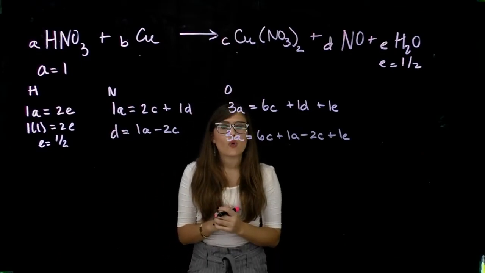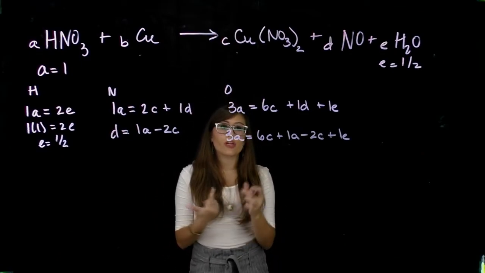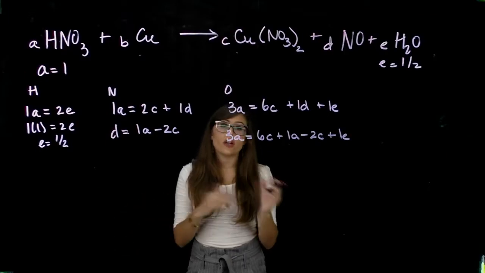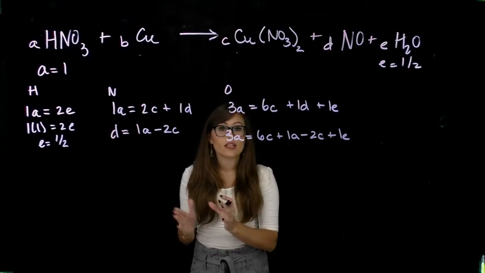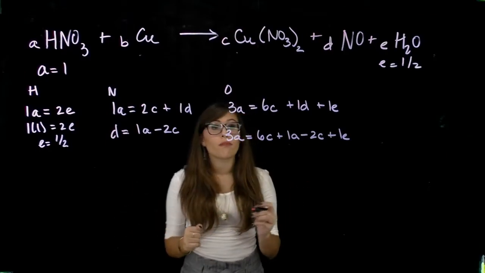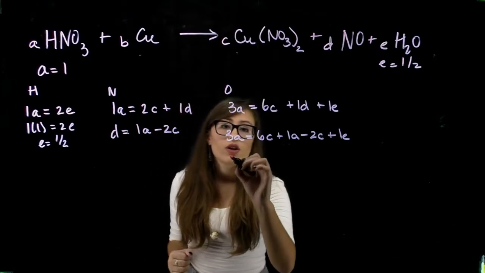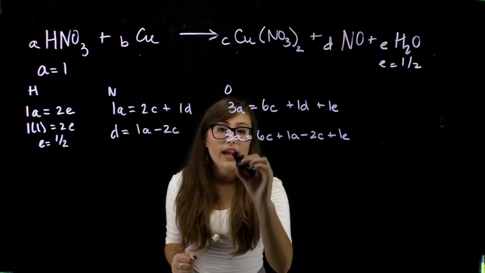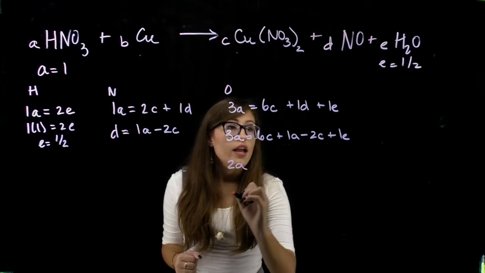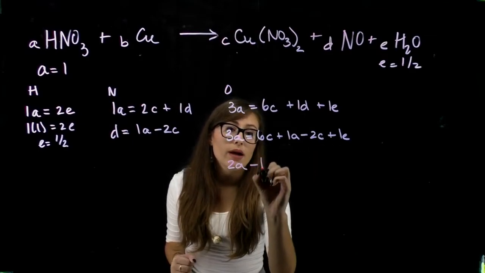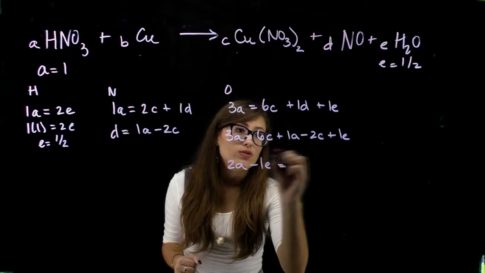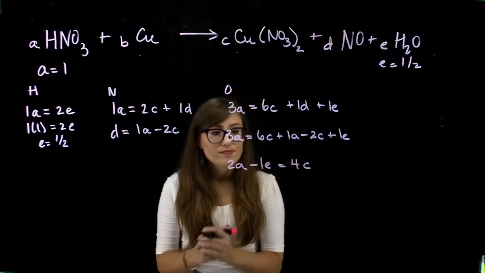Once you set that up, we know what A is equal to, we know what E is equal to, so we can go ahead and place all our variables to one side of the equation and leave C by itself on the right side. So we have 3A minus 1A, which will be 2A, and we subtract each side by 1E, which is equal to 4C.